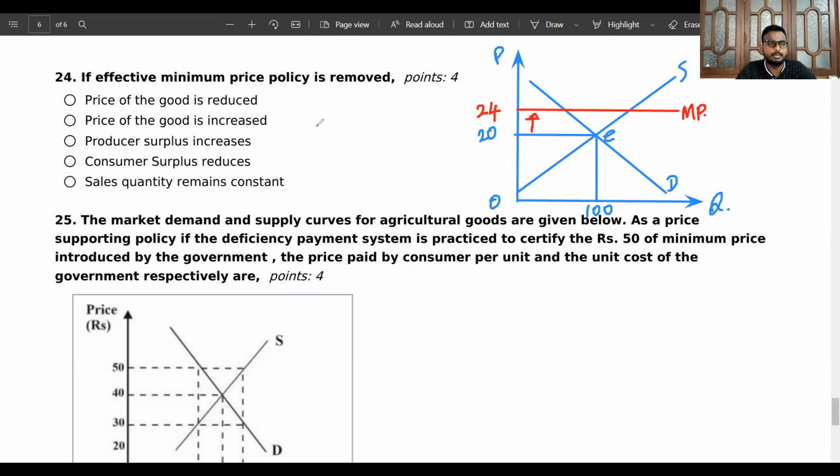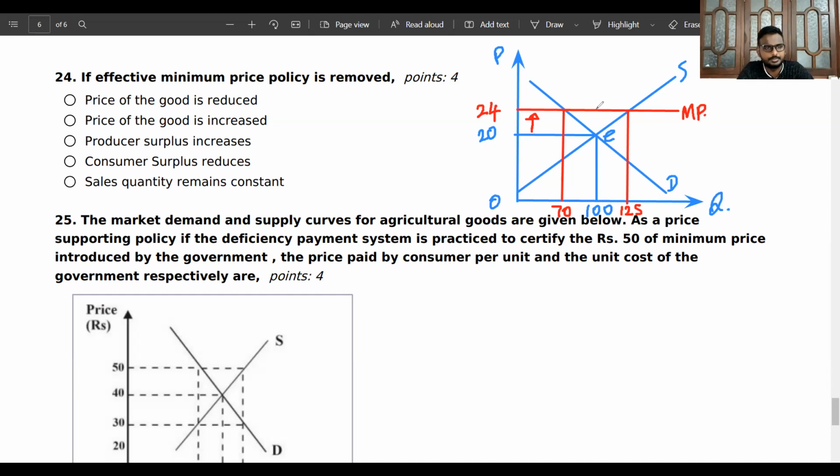Okay. Now, if that minimum price policy is removed, right? At this minimum price, you see supply is here, demand is here. Let's say supply is more than 100, so I'll just put a value like 125. Demand is less than 100, so I'll just put a value like 70. So with the minimum price, supply is 125, demand is 70.